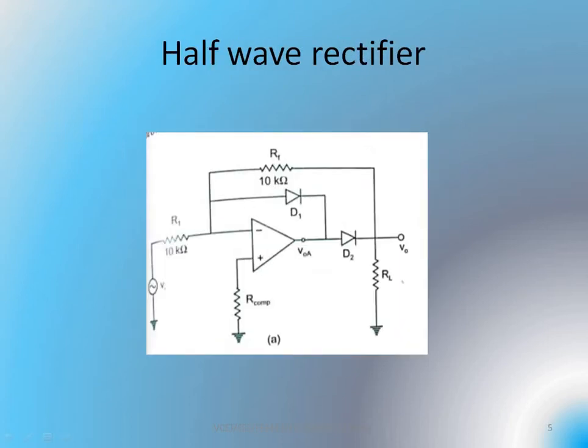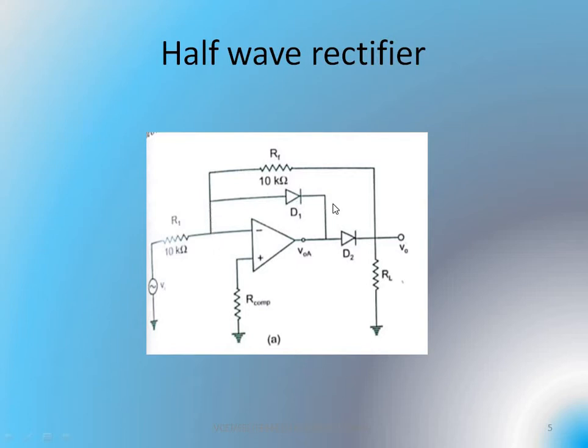So we will start again with the half wave rectifier circuit. Assume that the applied input is positive. So what will this positive input do? This positive input is provided to the non-inverting terminal, and the non-inverting terminal is grounded by a resistor for compensation. So here this positive half cycle will turn on this diode.